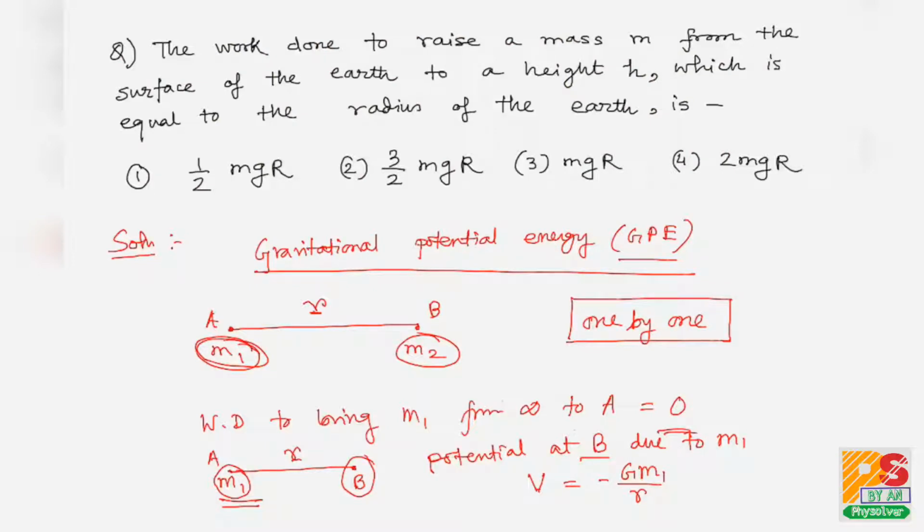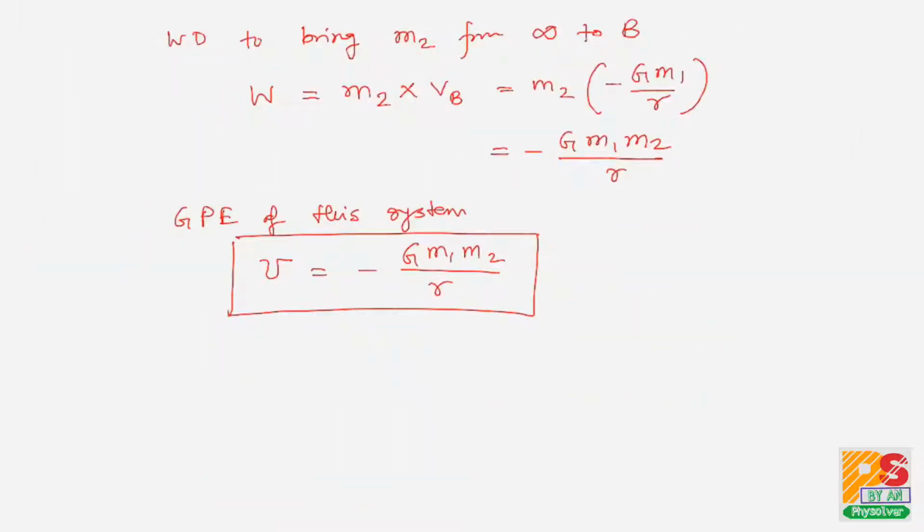Now coming to the question. Here there is a mass small m which is situated on the surface of the earth. In the first case, this is the earth. Suppose the mass of the earth is capital M, the radius is capital R, and the body of mass small m is situated on the surface of the earth.